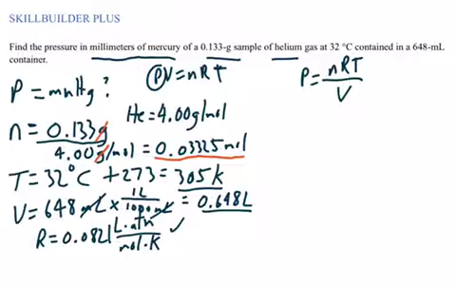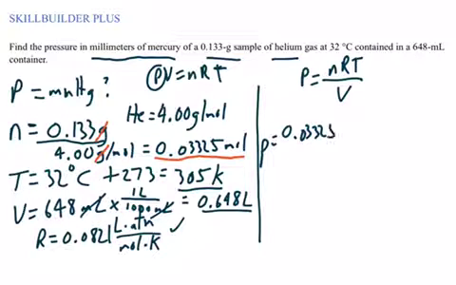Okay? So let's take a look here and let's go ahead and solve for pressure. So in order to find pressure, what we're going to do is we're going to get that, let me write a little line here. P is going to be the moles. So let's put here 0.03325.